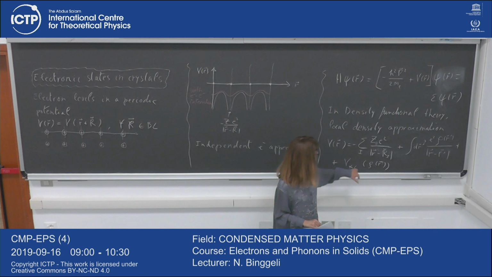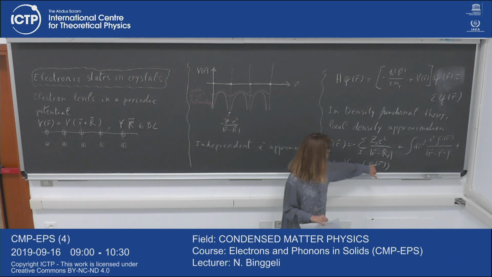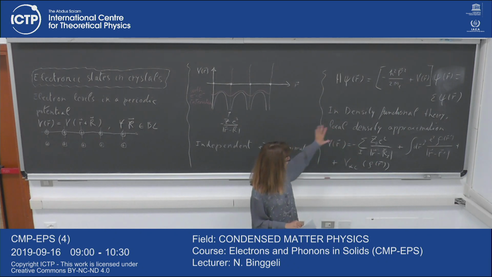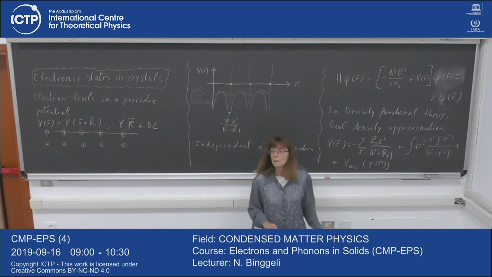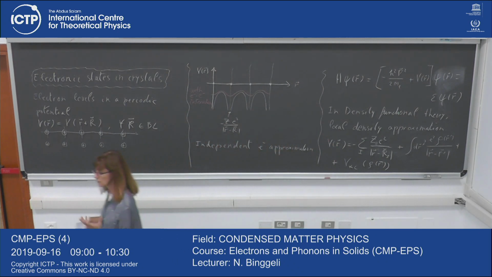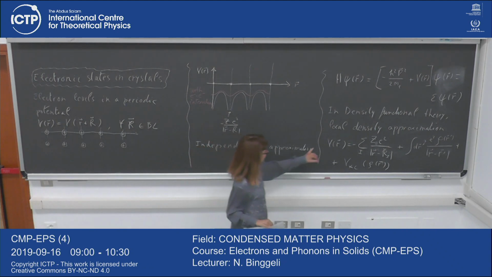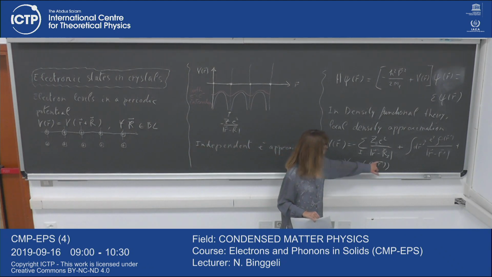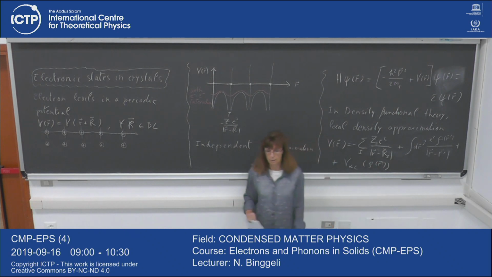So in general, we would have here rho of R prime, and we would have an integral, so the potential at R would depend in the most general way on the charge density also at the other point R prime. And the local density approximation is that it just depends on the charge density at the position R.